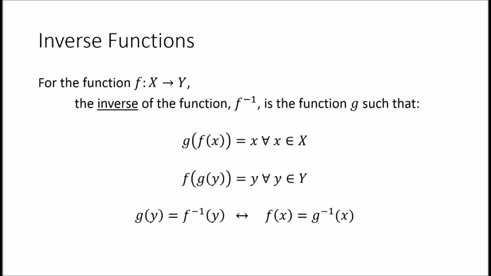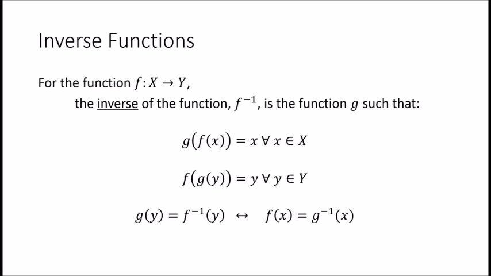It's a little hard to think about that as abstract concepts, but you can think about it in terms of something like multiplication and division. If you have a function f of x that is equal to 5x and a function g of y, which is equal to y over 5, f of x and g of y are inverse functions of one another, because multiplying by 5 does the exact opposite of dividing by 5, and if you did one and then the other, you basically undo the action of the first function.